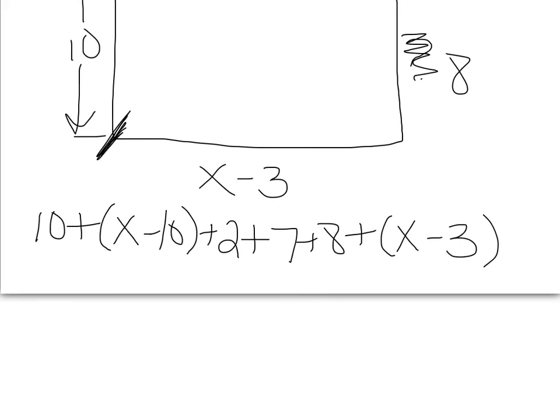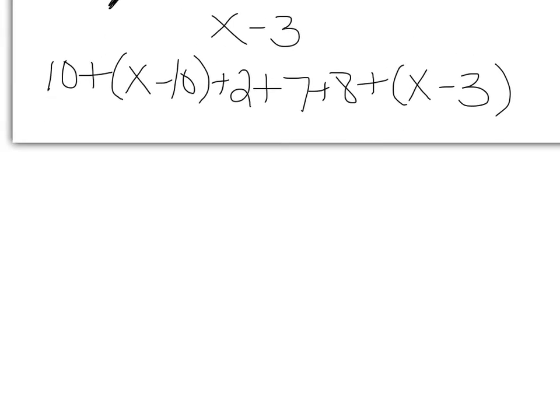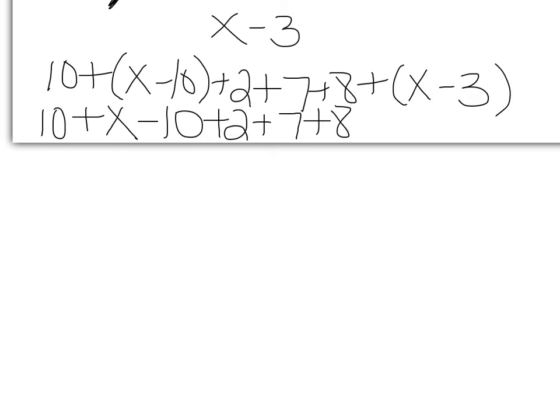All right. Let's go ahead and do my distribution. 10 plus, I'm distributing a positive 1, so nothing changes. x minus 10 plus 2 plus 7 plus 8 plus x minus 3. Combine your like terms. 10 minus 10, those are just going to cancel. 2 plus 7 is 9, plus 8 is 17, minus 3 is 14.